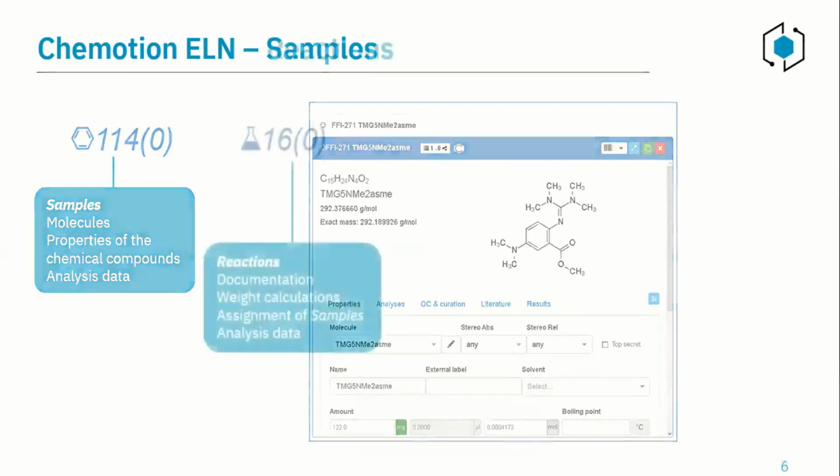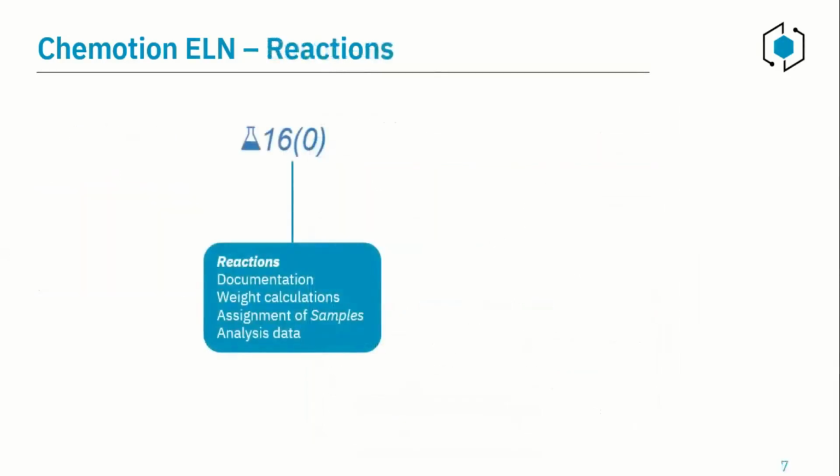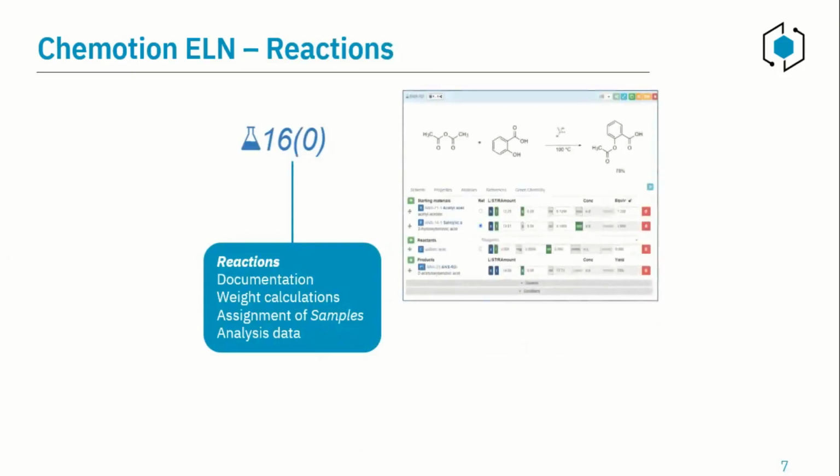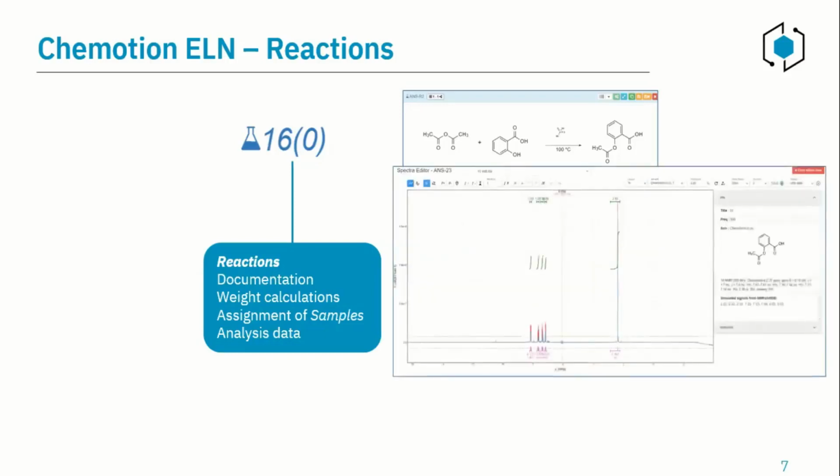The next thing are the reactions, which are the classic documentation type in the ELN, where you can drag and drop molecules you already created before, so your samples, into reactions. You can also add here all necessary information for reactions, so you can put their analytic data, you can add descriptions, TLC controls, and so on and so forth.